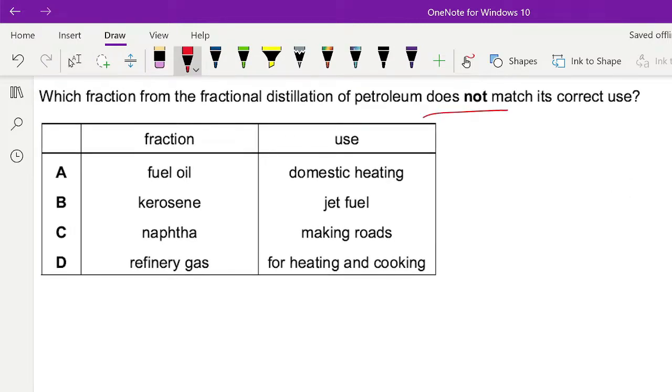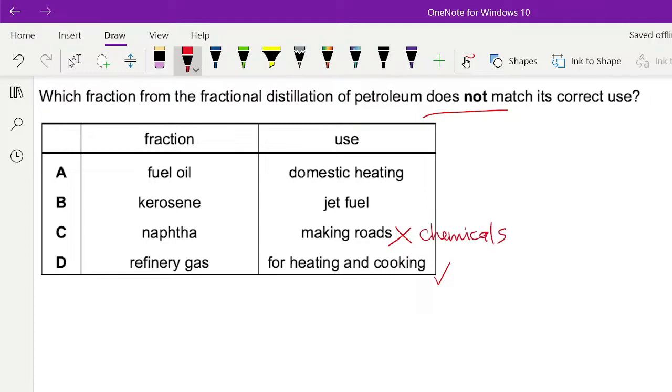Which fraction of the fractional distillation of petroleum does not match its use? Let's do from D first. Refinery gas for heating and cooking. This is correct. It's also one of the gases that you put in those small bottles and then you go camping for cooking. Naphtha is not for making roads. Naphtha is for making chemicals, also sometimes used in medicines.